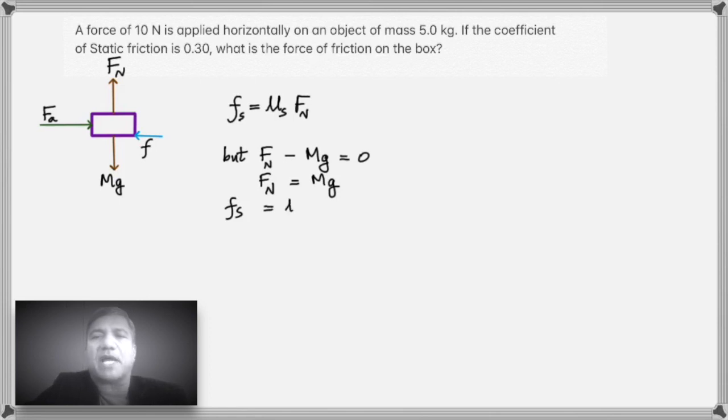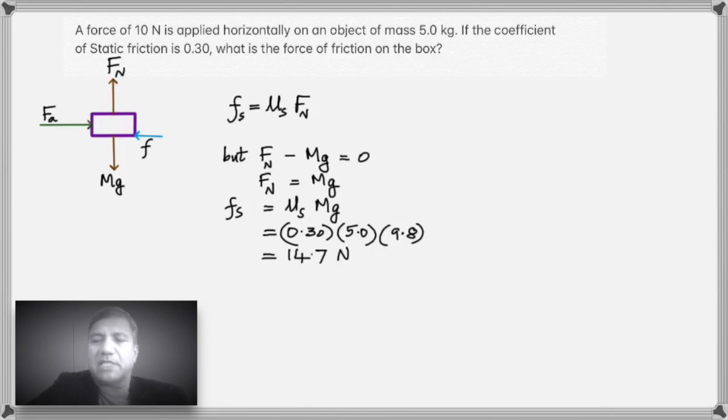So substitute back the value of Fn as m times g, and then calculate the force of static friction. Mu is given as 0.30, so multiply that with 5, which is the mass, times 9.8, and that would give us the force of static friction. When you put those numbers into the calculator, you get 14.7 newtons as the force of static friction.